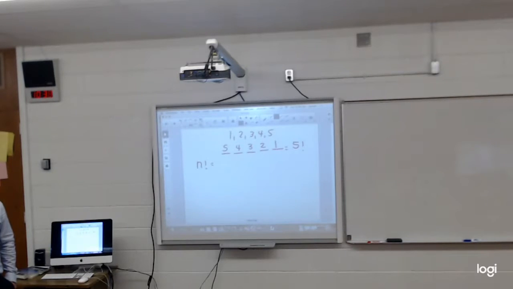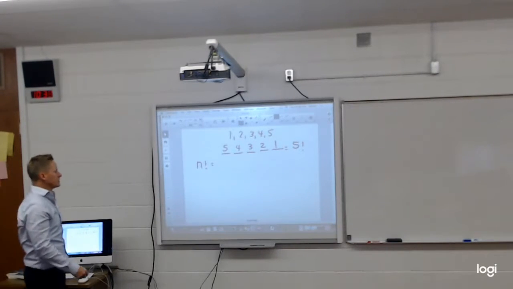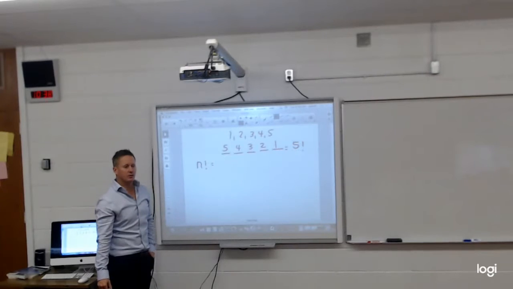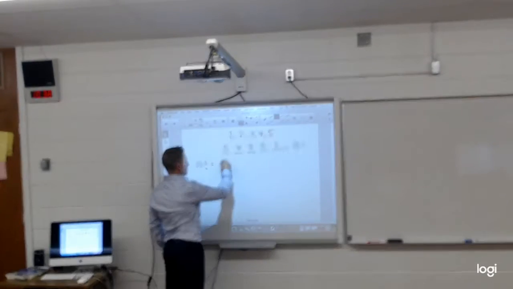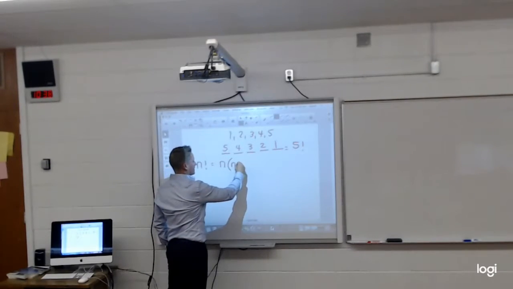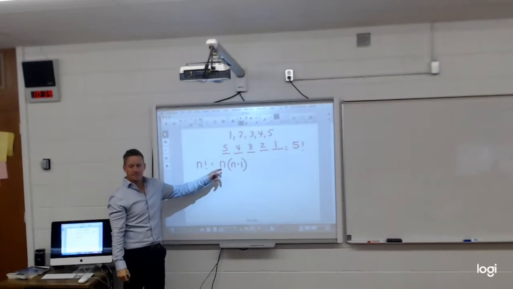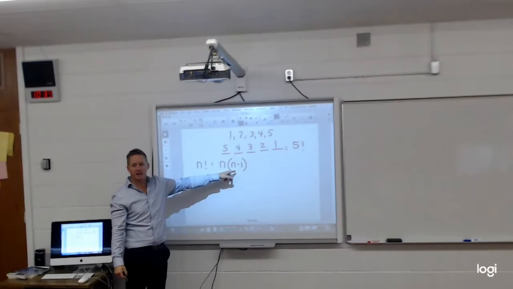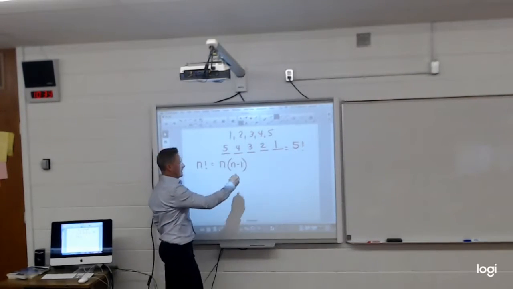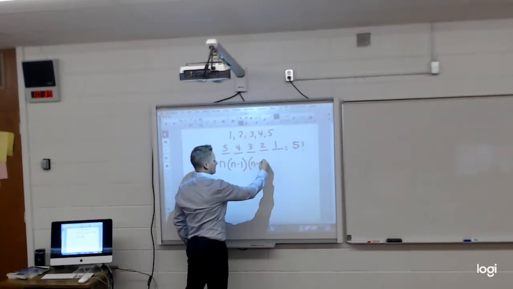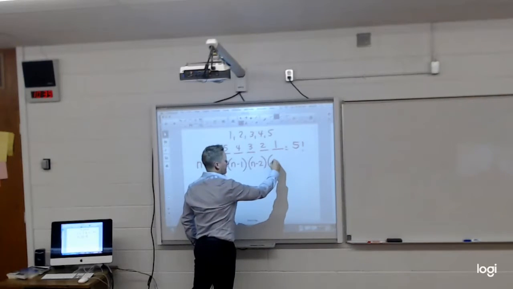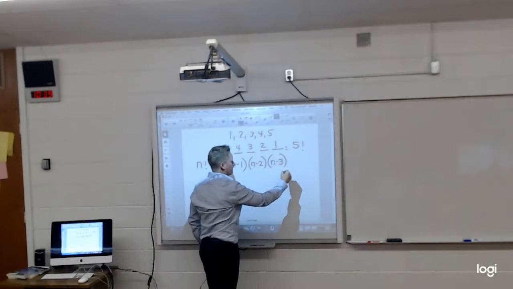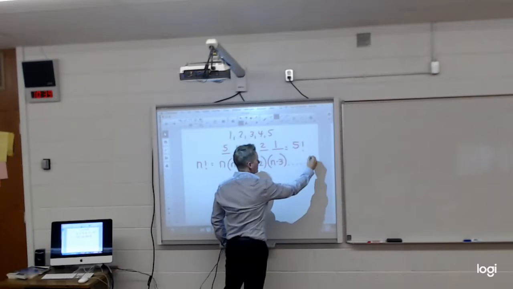How do I show one smaller than n? N minus 1. So I start with n, then n minus 1, then n minus 2, and then n minus 3, and that goes all the way down until you hit 1.